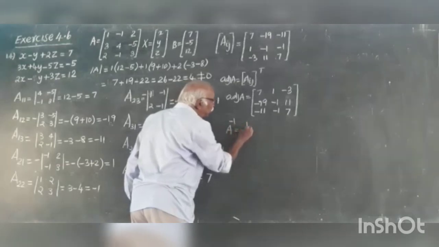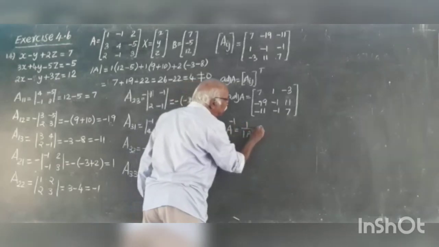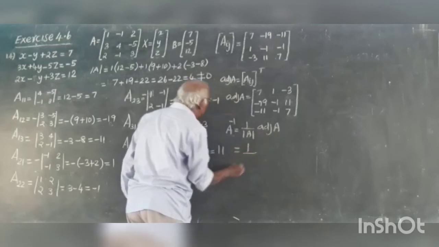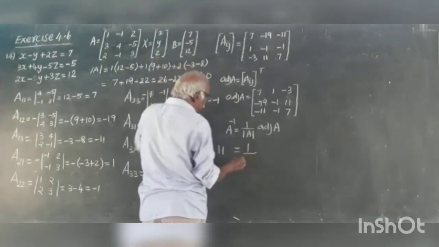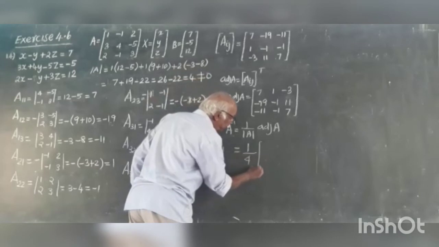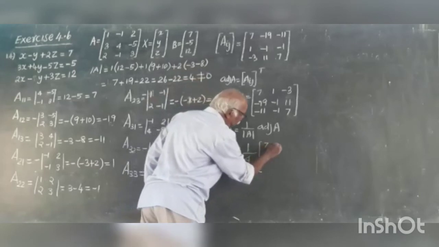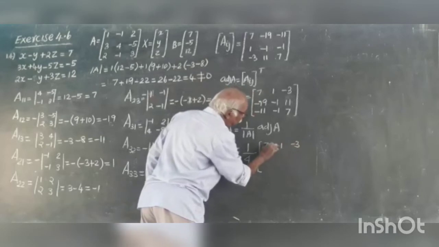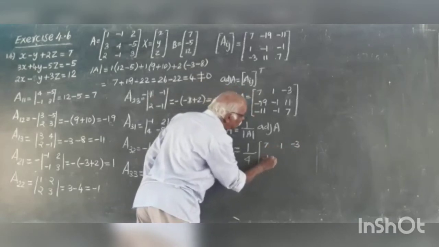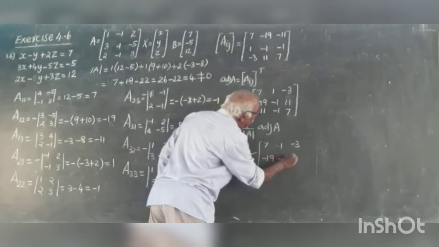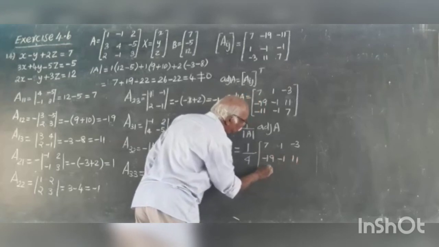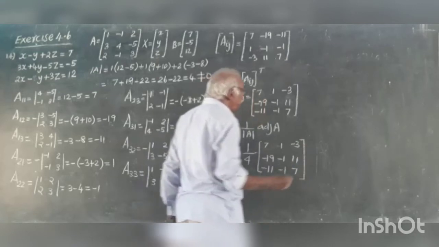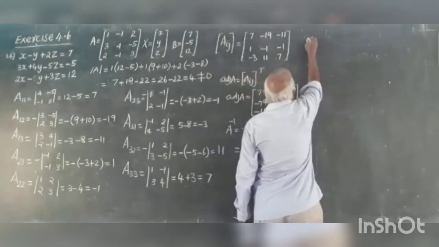A inverse has the formula 1 by determinant A into adjoint A. Here our value of the determinant A is 4. So 1 by 4 into 7, 1, minus 3, minus 19, minus 1, 11, minus 11, minus 1, 7.